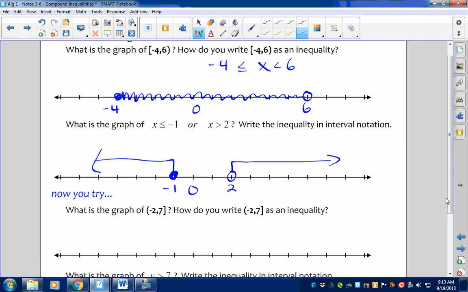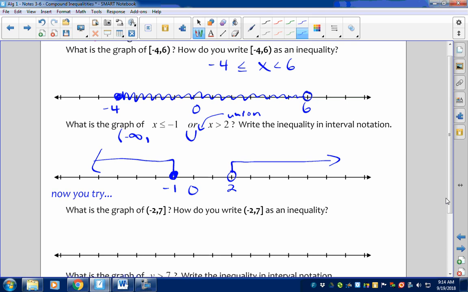So there's a little symbol that we use called the union symbol. It looks like that for our OR statements. Okay, it's a union symbol. The union. And it replaces the OR. So way over here to the left would be negative infinity.